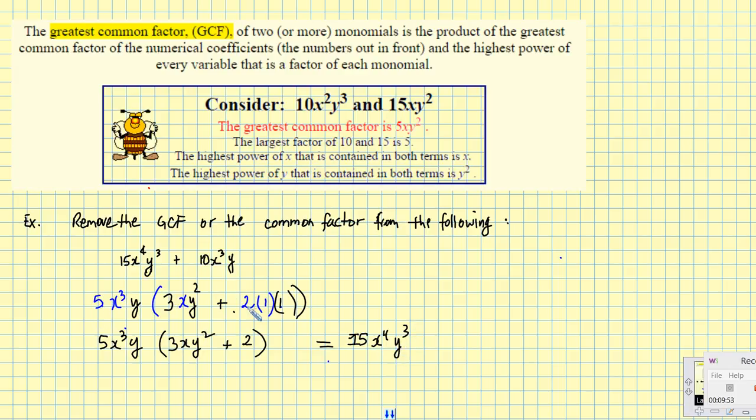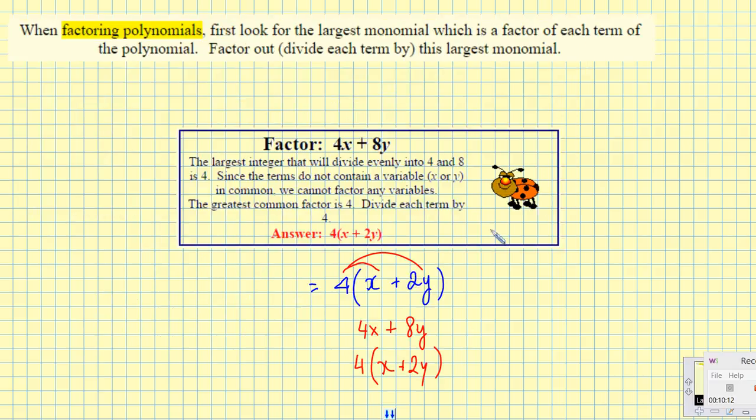Then 5 times 2 gives me 10, and x cubed y times the rest gives me x cubed y. I check now: I've got 15x to the 4th y cubed plus 10x cubed y. It is done correctly. We're going to look at the next question now.